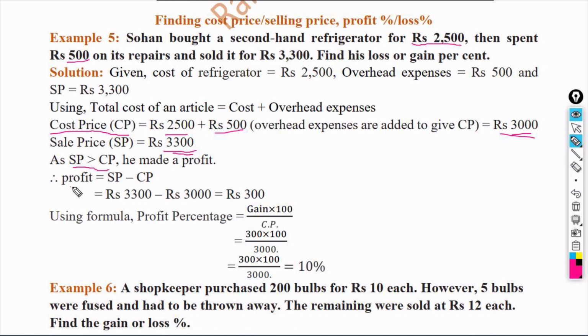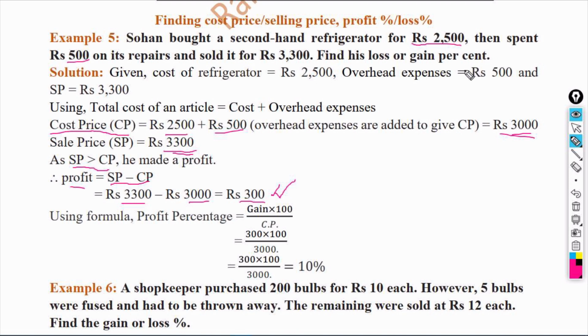Then there is profit. Let us find profit, that is SP minus CP. SP is 3300 minus 3000, that will give rupees 300. This is profit. Here it is said find his loss or gain percent. Here is the gain of rupees 300.